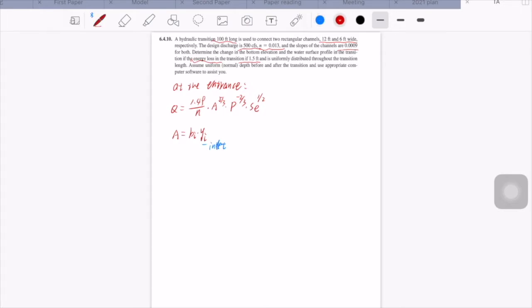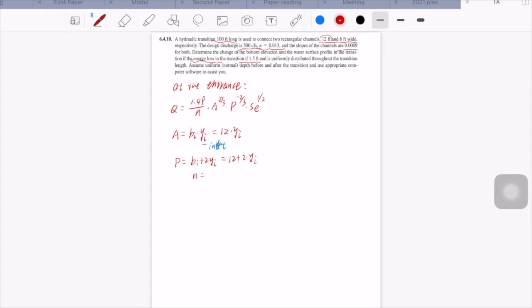The width of the entry is 12 feet, so A equals 12 times y_i. And P equals b_i plus 2y_i, so equals 12 plus 2 times y_i.